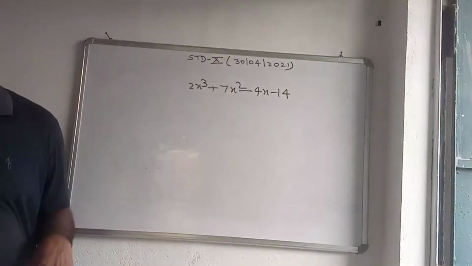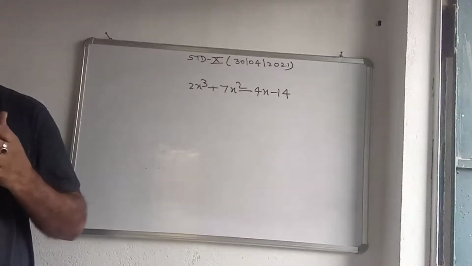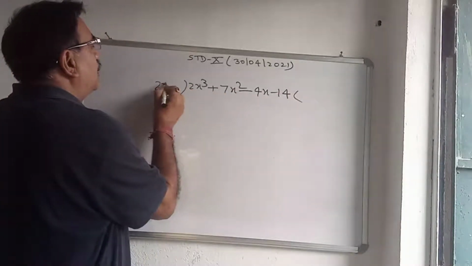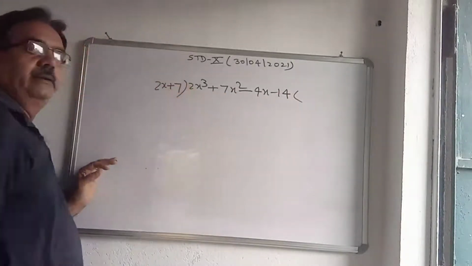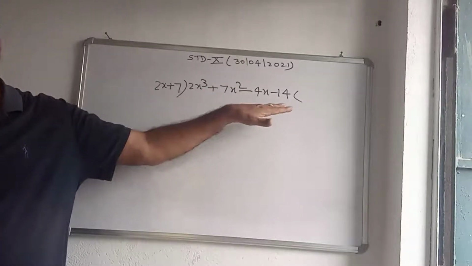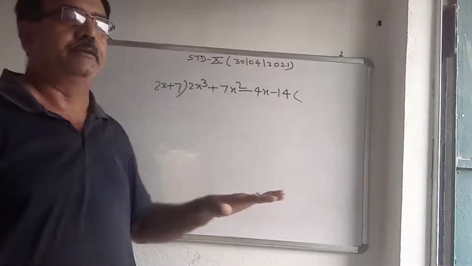This one you have to divide by 2x plus 7. This much you know, how to divide.